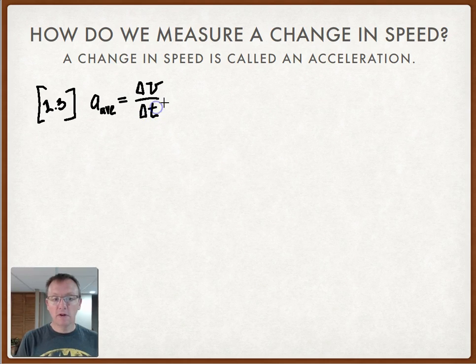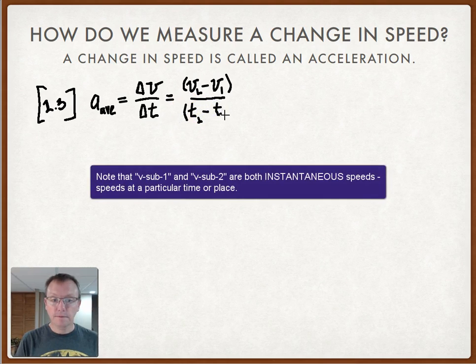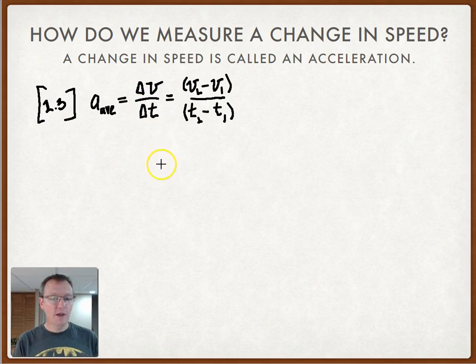Or if you wanted to write it out more thoroughly, and you're not as lazy as I am, you can write v sub 2 minus v sub 1 over t sub 2 minus t sub 1. It's the same either way. This is just the lazy version of it, so that's what I tend to write.